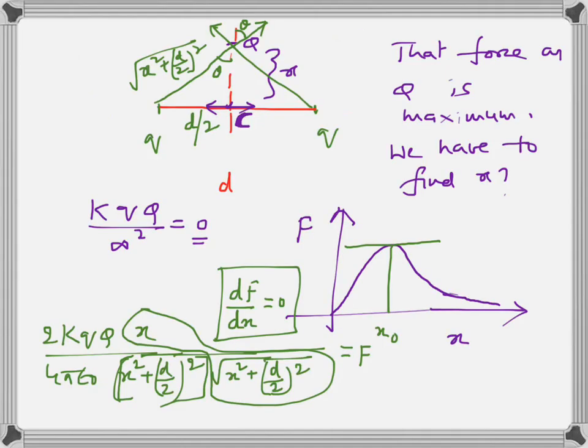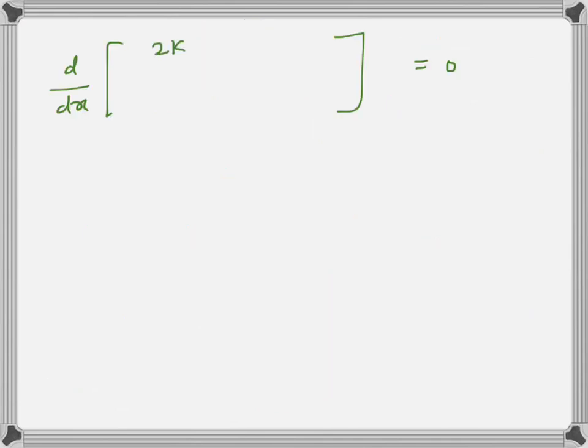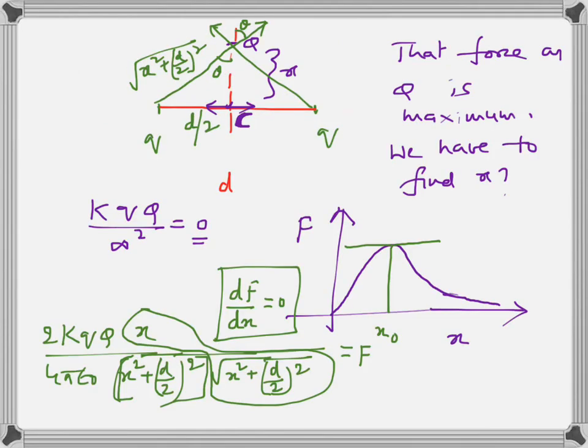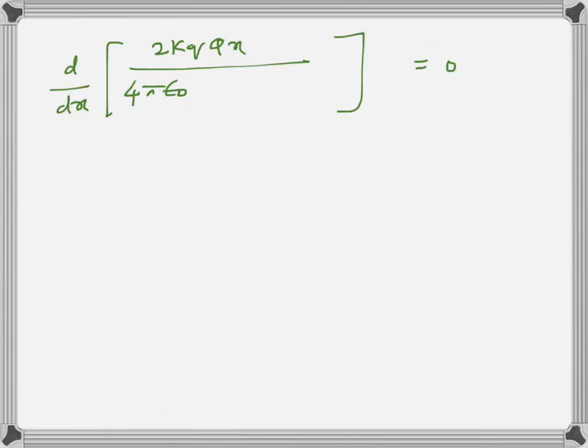What is the force? 2kqQx by 4 pi epsilon naught, x square plus d by 2 whole square, whole power 3 by 2. The denominator, see carefully, you have power 1, power half, both get added and become power 3 by 2.